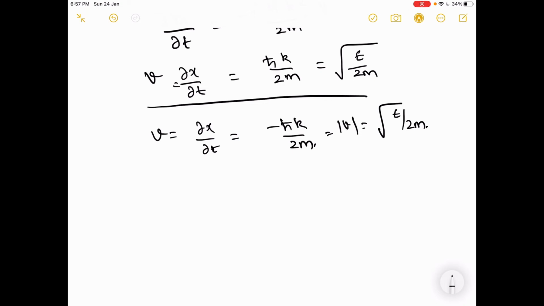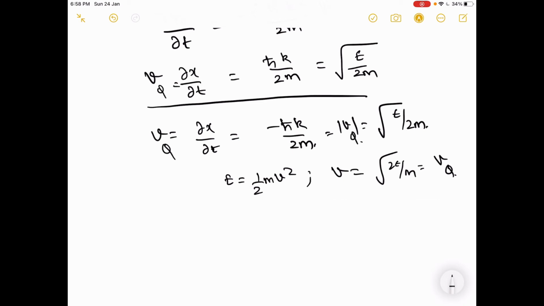But if v is the classical velocity, and the kinetic energy is half mv squared, you can see that the classical velocity will turn out to be root 2E by m, which is twice the quantum velocity. Let me write this as v classical.